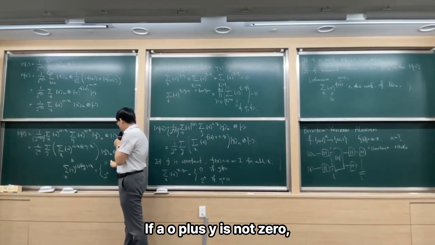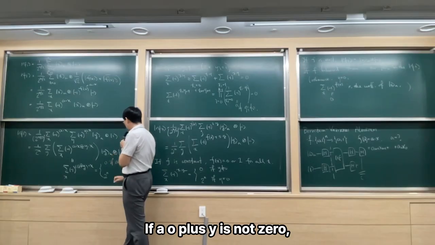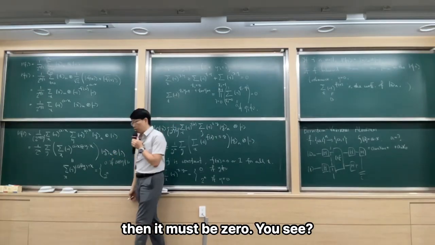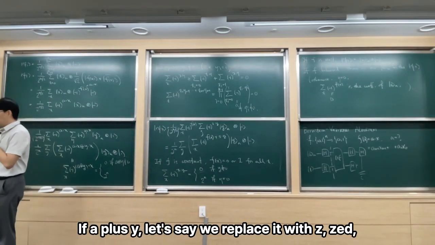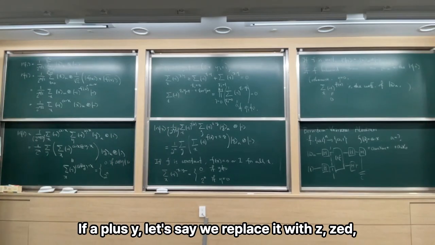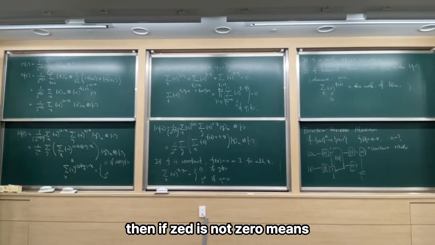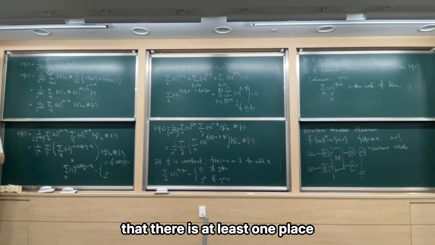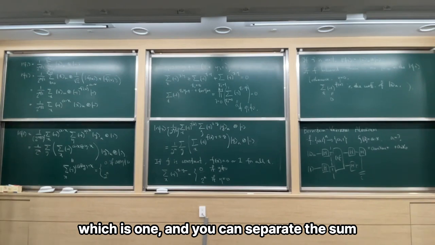Yes. If a plus y is not 0, then it must be 0. You see, if a plus y, let's say we replace it with z, and z is not 0, that means there is at least one place which is 1.